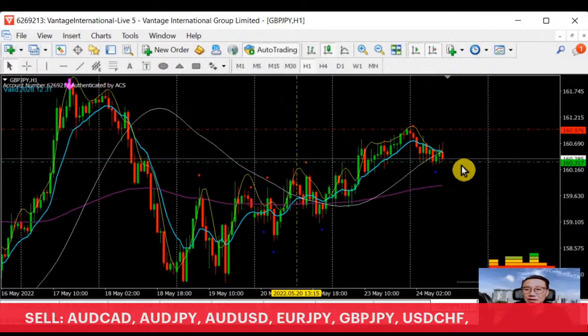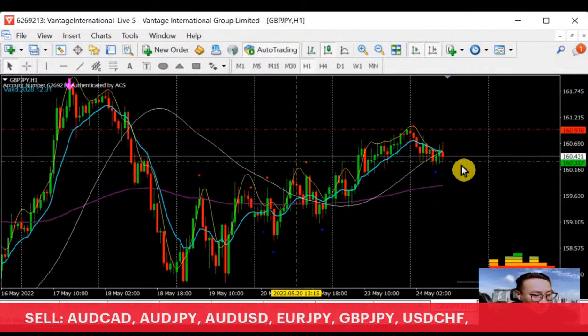No. Because if we enter a trade so near to the support, that means we are anticipating the price to break the support. But our anticipation does not equal the market movement. So staying by the side is always a better choice.